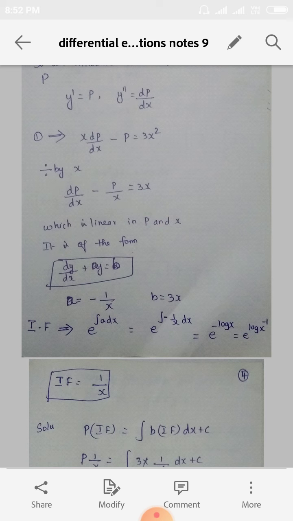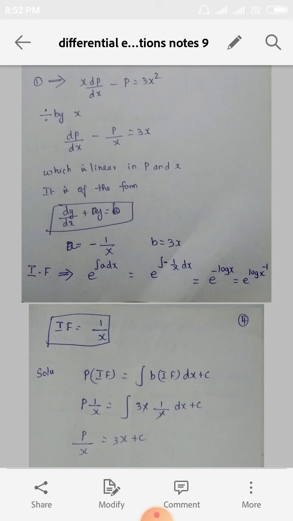Now see the equation, which is linear in p and x. This is a linear equation in two variables, p and x. We know the linear equation form: dy by dx plus py is equal to q. Here p is already present, so we introduce one more new variable, a, instead of p.